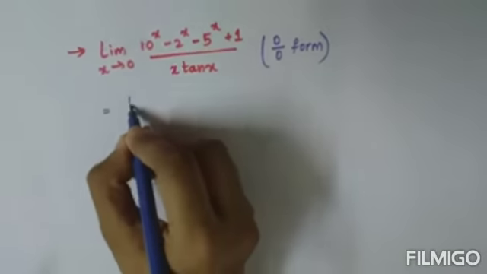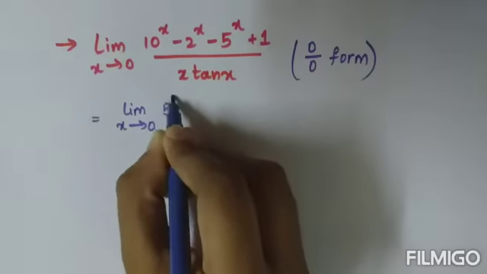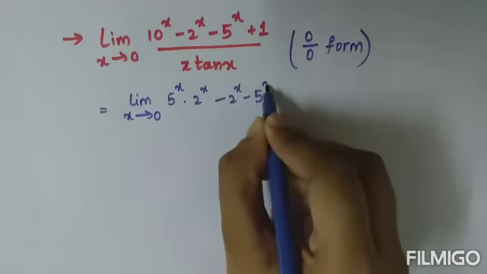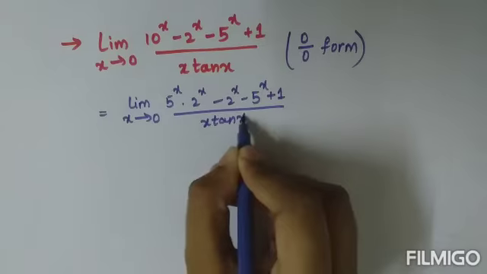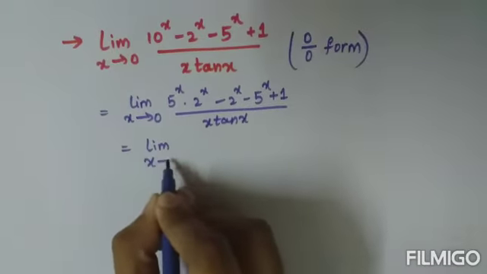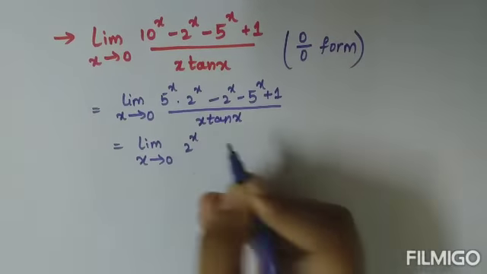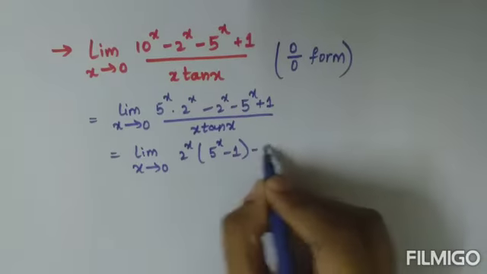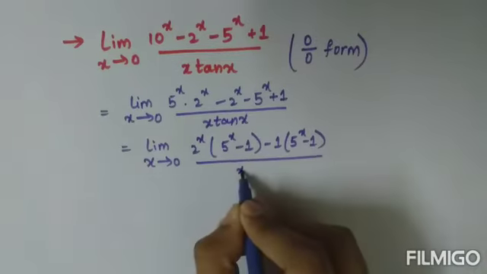So if we expand this expression, limit x tends to 0, 5 power x into 2 power x minus 2 power x minus 5 power x plus 1 by x tan x. If we take 2 power x common, we get 5 power x minus 1, and again 5 power x minus 1 by x tan x.